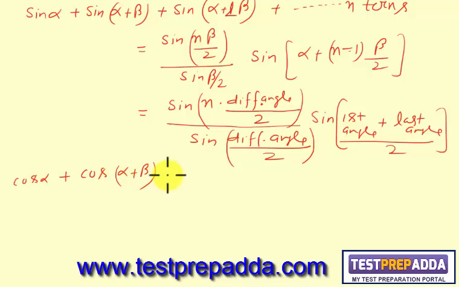That will be cos alpha plus cos alpha plus beta plus cos alpha plus 2 beta plus so on n terms.